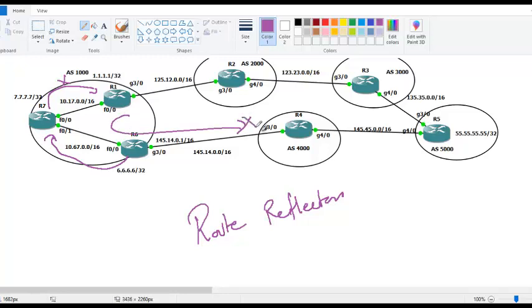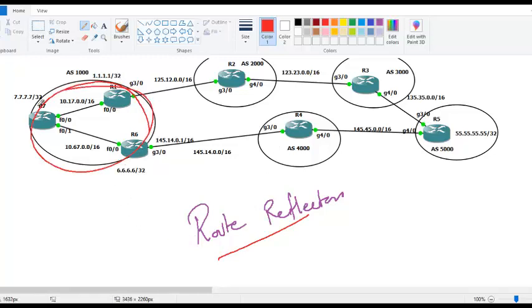Same way, that is the rule that is blocking R6 from learning this path. We are going to break the rule today by using route reflector. Earlier we used to make full mesh and break the rule. Now we are going to tell R7, it is okay. You can give the routes.